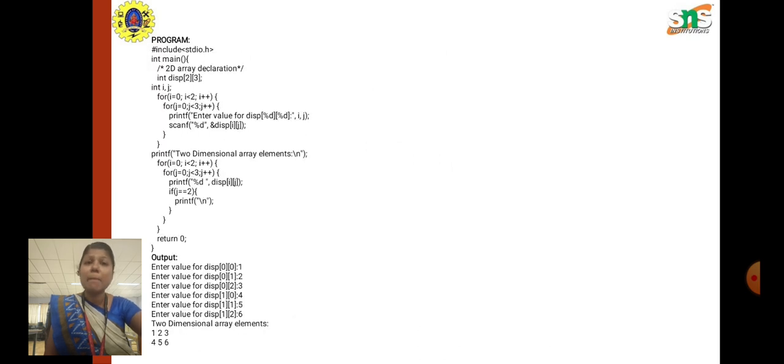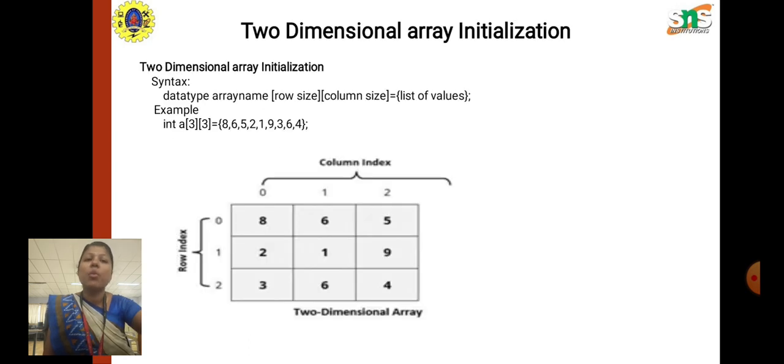Here is an example program where we declare an integer array named display, where the row size is 2 and the column size is 3. Here we are using a for loop for entering the values. So we need to enter the two-dimensional array elements. Here we enter the value for row 0 and column 0, and we get the value 1.